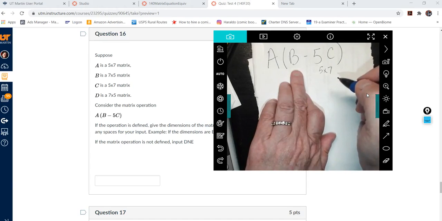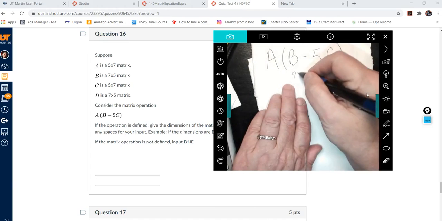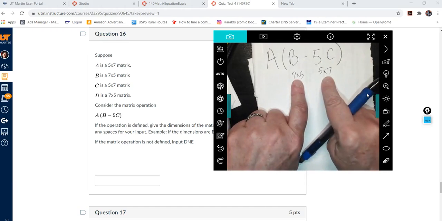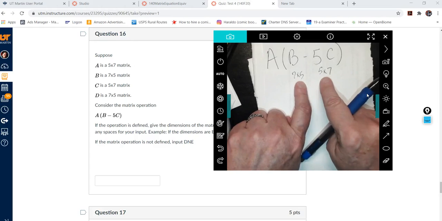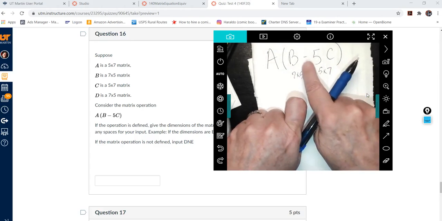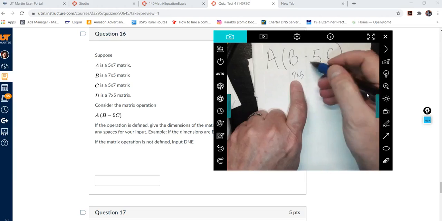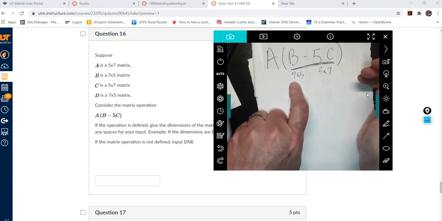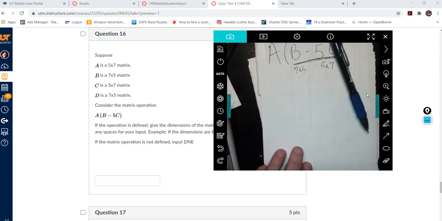What about B? B is a 7 by 5. I cannot add two matrices unless they're exactly the same dimension. If you add or subtract matrices, they must be the same dimension. I could multiply these, but we're not multiplying, we're subtracting. And so this does not exist. So the whole thing does not exist.